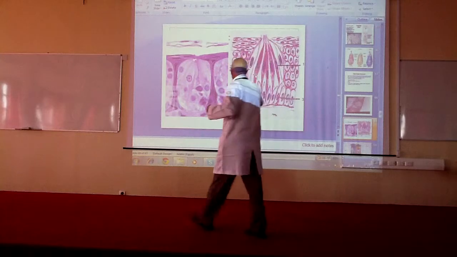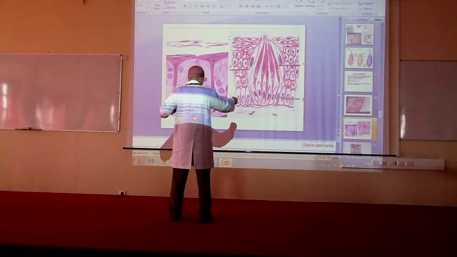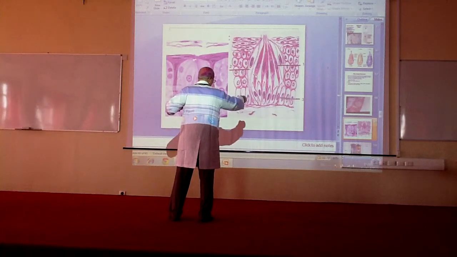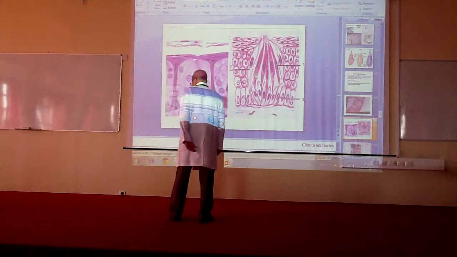But here, these sensory cells are not nerve cells. The nerve fibers go to receive the sensation only. These are not nerve cells, but sensory cells.